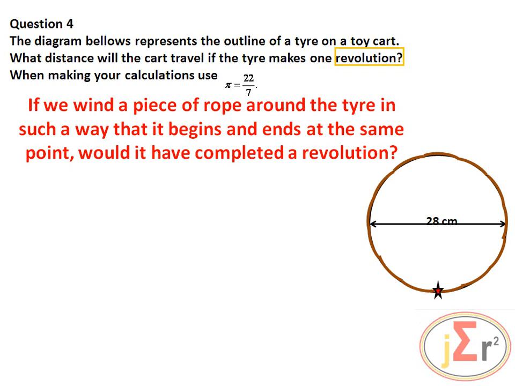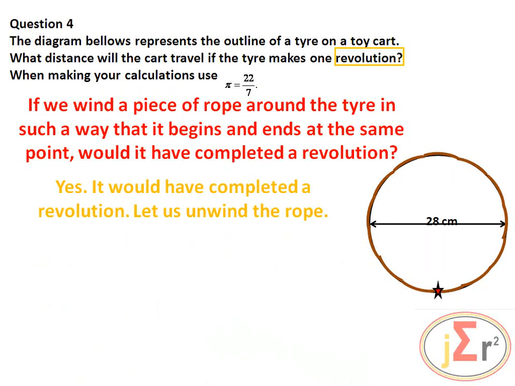Would it have completed one revolution? Yes, it would have. So we are sure that the rope would have completed one revolution, wound around the tire exactly one time.